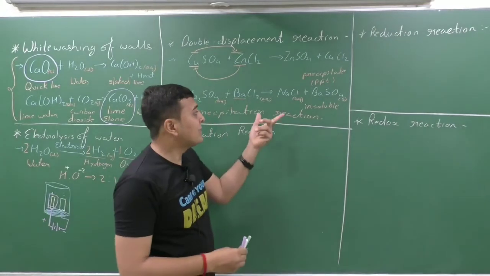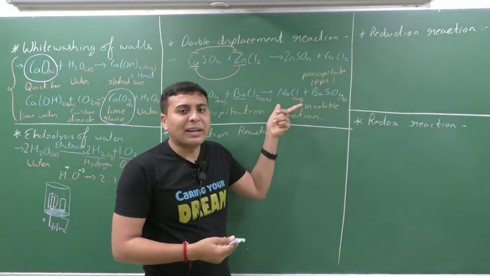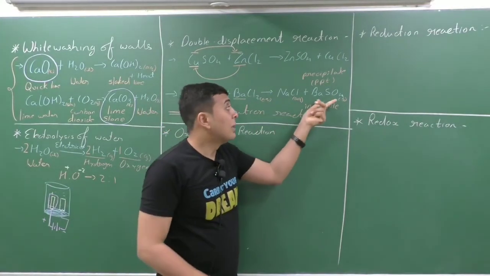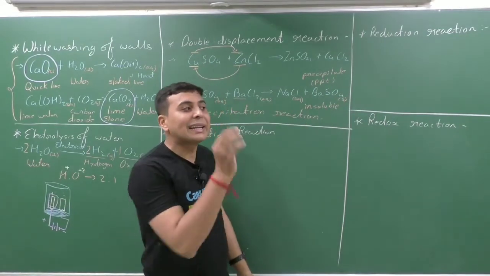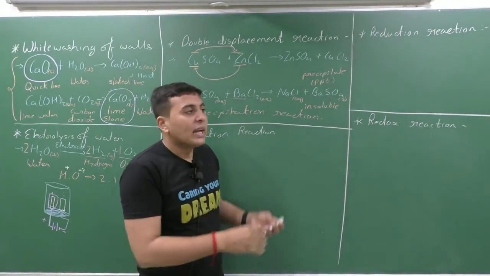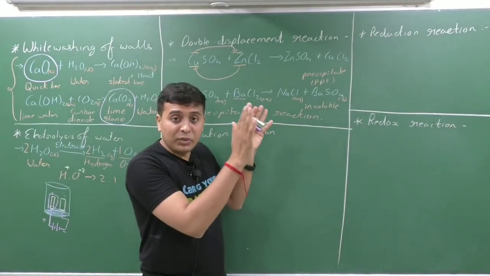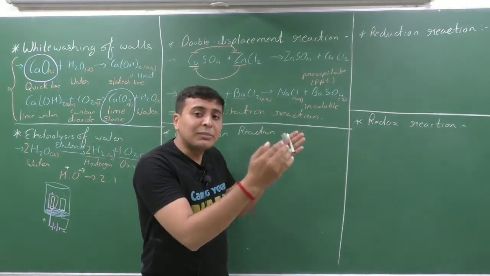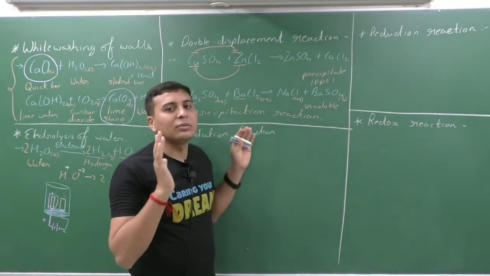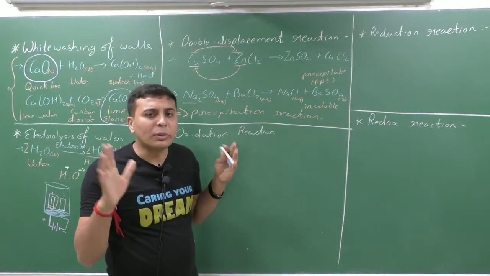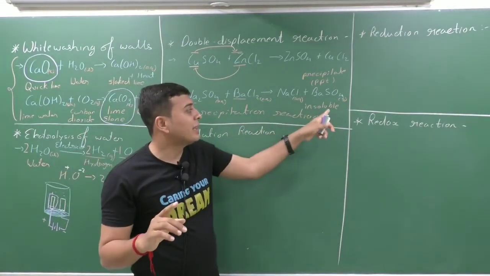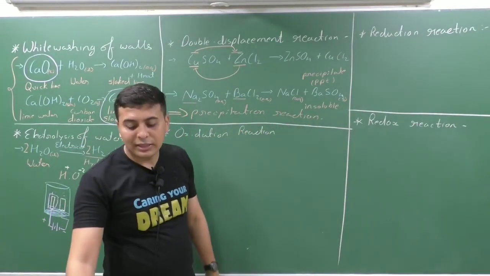The same thing happens here. NaCl gets dissolved. The particles of NaCl are not visible, but the particles of BaSO4 are clearly visible in the solid state, and after some time they settle at the bottom of a vessel or test tube. So that is the precipitate. It means it is insoluble.